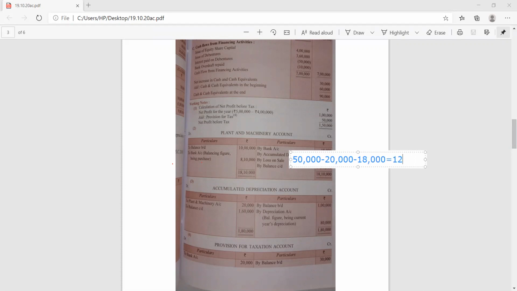It means finally the loss will be 12,000.